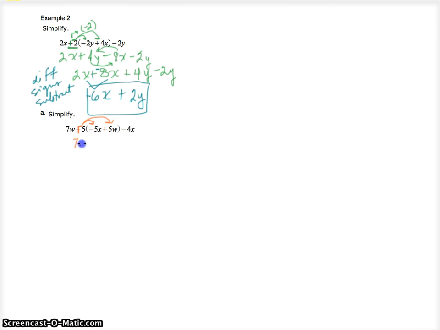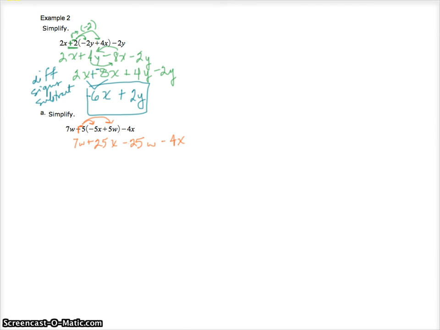So now I have 7w plus negative 5 times 5w is negative 25w, and negative 5 times negative 5x is positive 25x. And then I have to stop, and so I just have minus 4x.